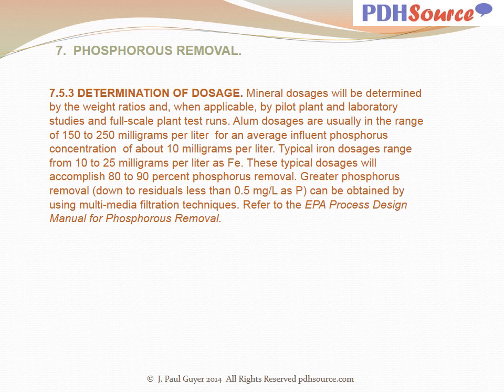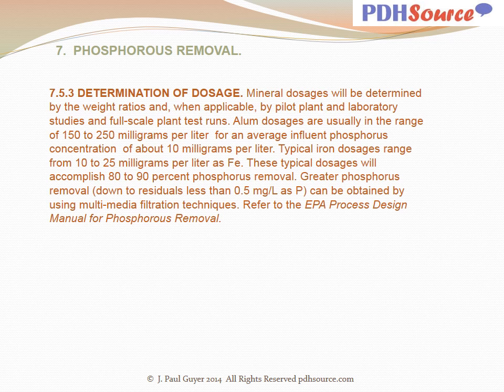Mineral dosages will be determined by the weight ratios and, when applicable, by pilot plant and laboratory studies and full-scale plant test runs. Alum dosages are usually in the range of 150 to 250 milligrams per liter for an average influent phosphorus concentration of about 10 milligrams per liter.